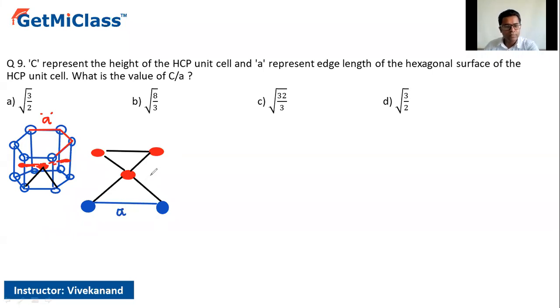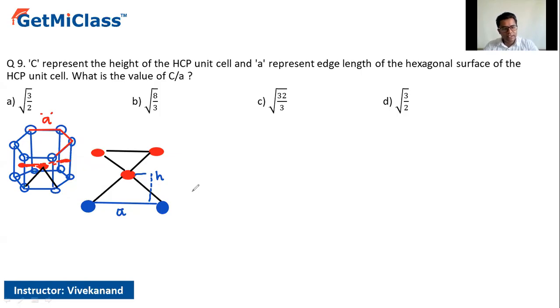So if we consider the entire scenario, now this is a point from where you will have it as H, and these are the A's.